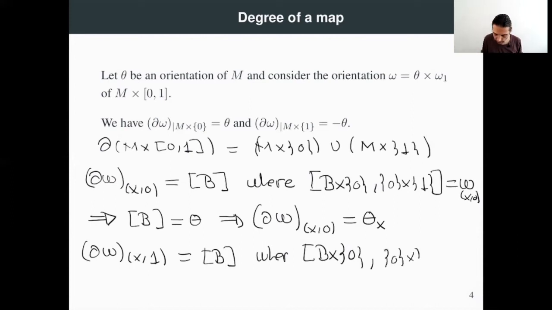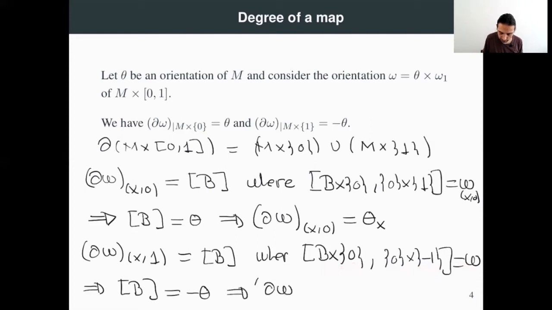So this is the orientation omega. And by our definition of the product orientation, the orientation of B has to be minus theta, okay? Because here we are changing signs, so in order to preserve the orientation omega, here we need to replace theta with minus theta. And as a consequence, we get that the orientation partial omega at a point x1 is minus theta x. So we get these two equalities over here.